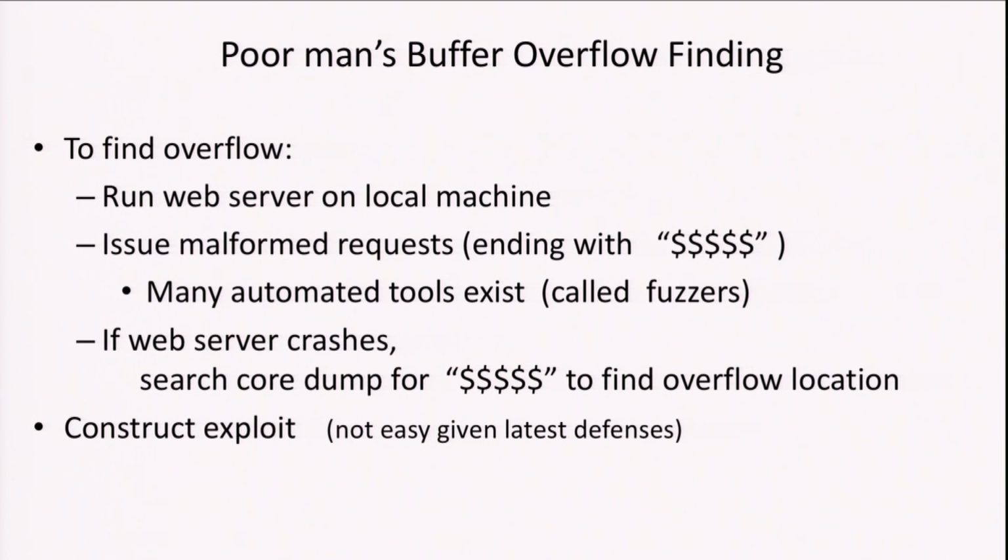You issue a web request with a malformed request and put a marker at the end of this input, and this is what is called fuzz testing. There are tools that create malformed inputs for specific applications. If the web server crashes, then take the core dump, open it, and search for this marker. If the marker is there, then you have found the location of the overflow.